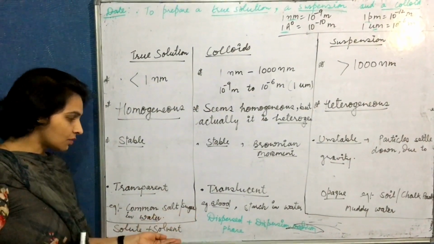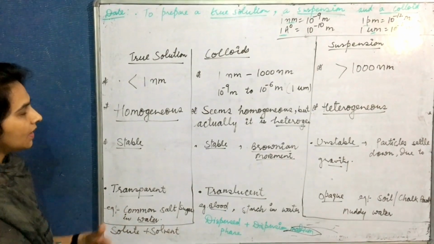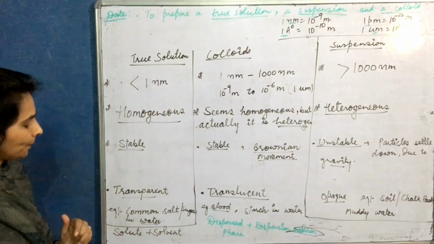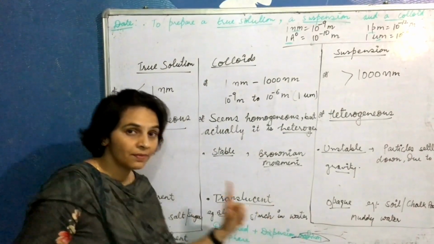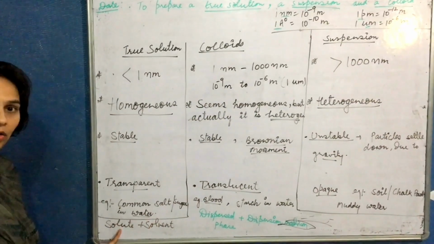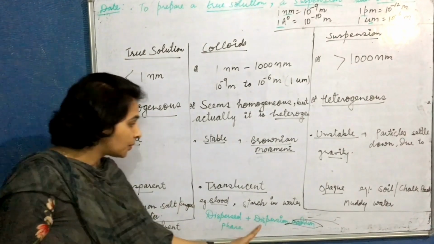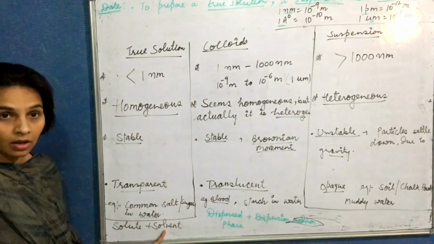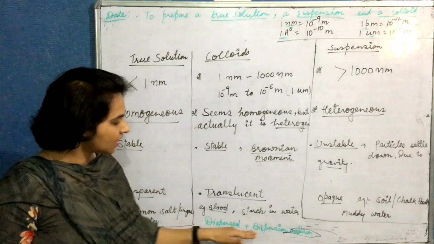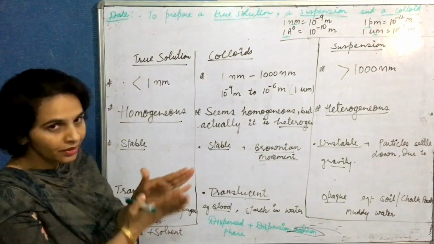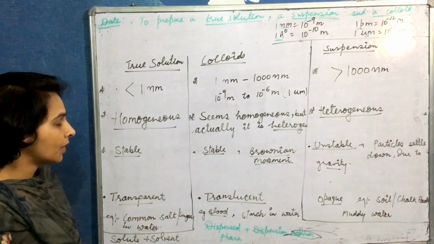Solute, and water is what? Solvent. Similarly, in case of colloids, dispersed phase and dispersion medium are there. Dispersed phase is analogous to solute. Dispersion medium is analogous to solvent. So, in colloids, dispersed phase and dispersion medium are stable. They do not get separated on their own.